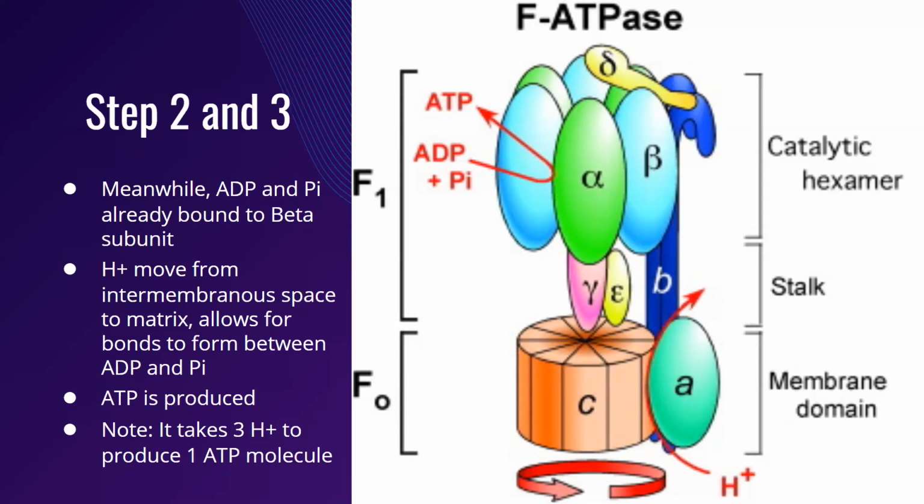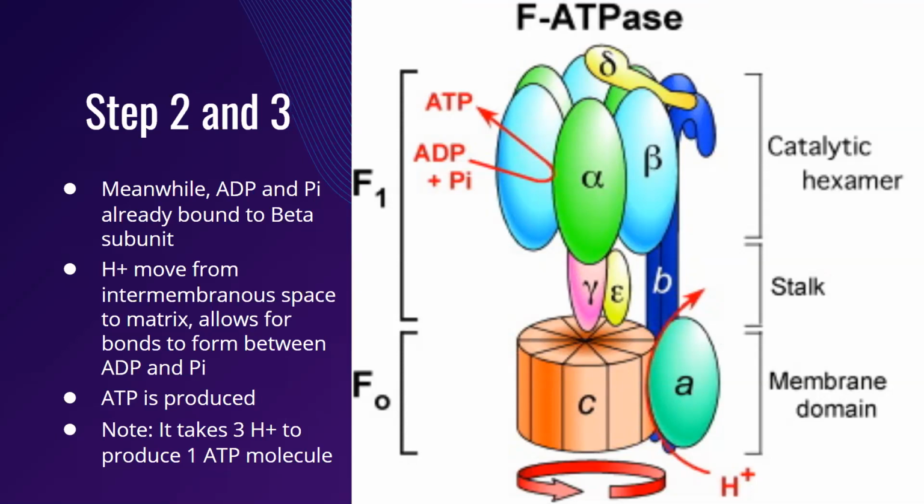So we're using this kinetic energy that the hydrogen ions have and turning it into mechanical energy with the mechanical or physical movement of this F0 region, the C subunit, and the stalk of the ATPase enzyme.